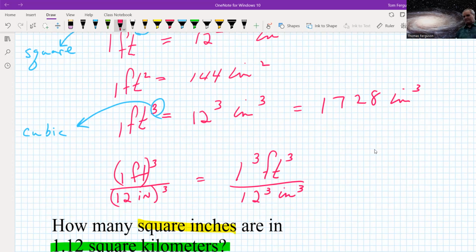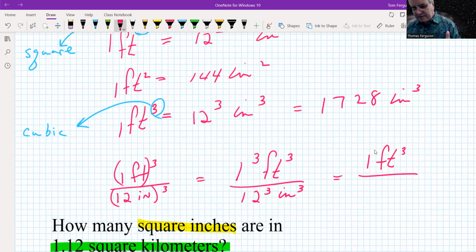Okay. So what is 12 cubed? What's 1 cubed? 1. 12 cubed is 1728. So that's the conversion factor going from cubic feet to cubic inches. Okay, it's very different than doing the linear stuff.